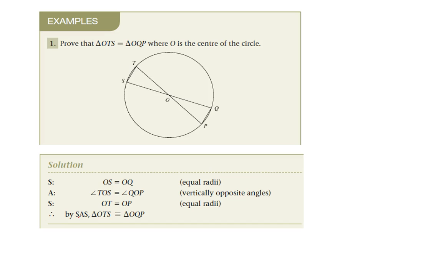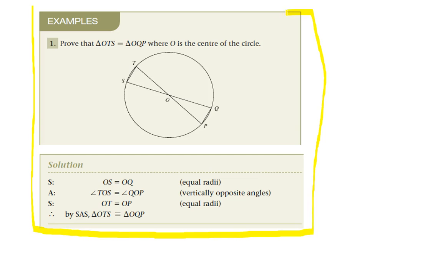Therefore, by SAS, triangle OTS is congruent to triangle OQP. Okay, very concise, but to the point. So let's copy this example down into our books as well.